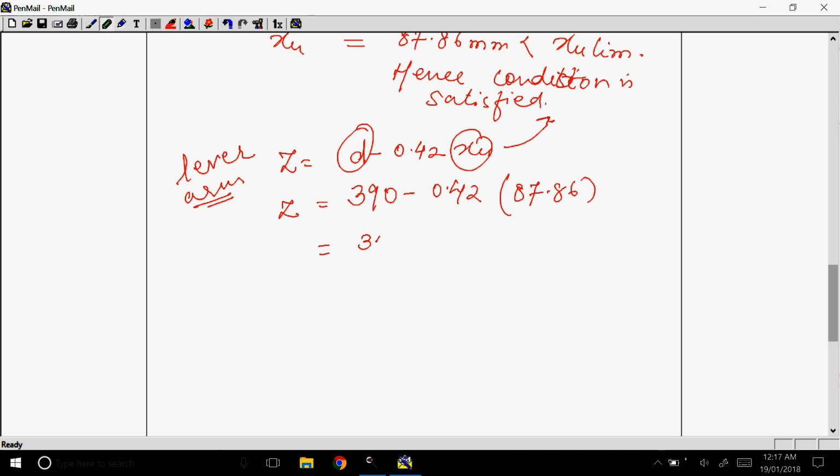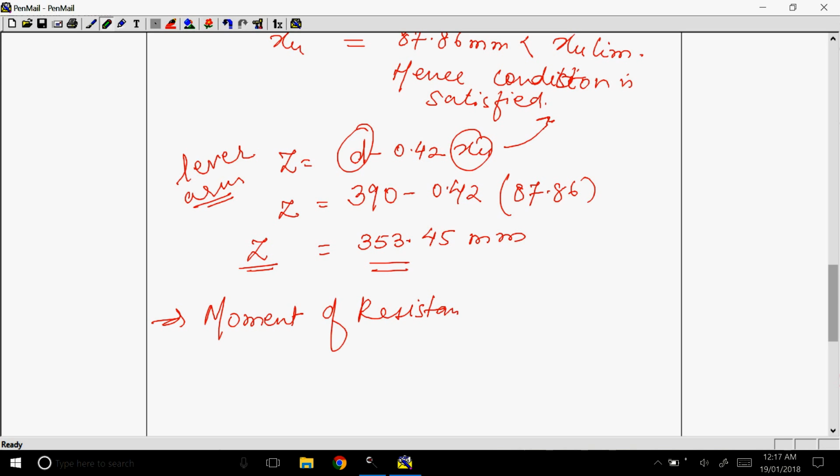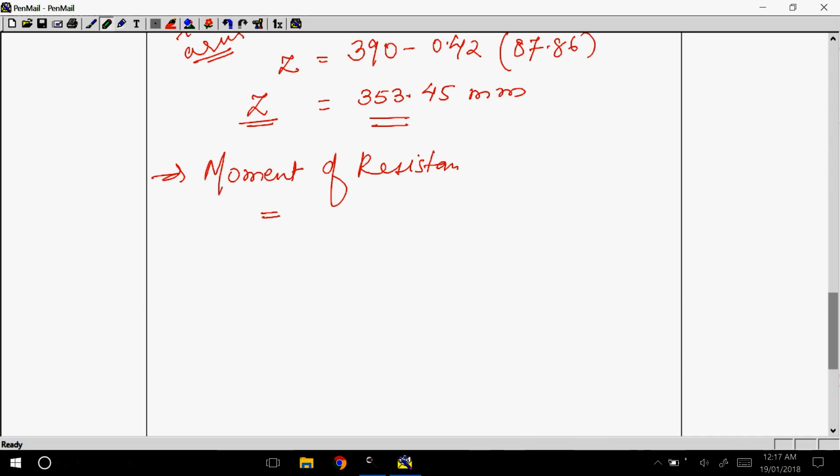Moment of resistance is equal to either C into lever arm, compression, or T into lever arm, tensile force. So T into z, where T is equal to 0.87 Fy Ast into z. z is 353.45.